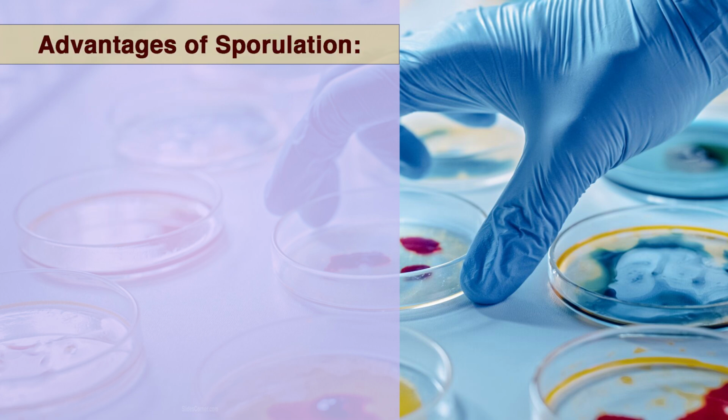Then what are the advantages of sporulation? First, survival in harsh conditions. Spores are highly resistant structures that can withstand extreme conditions such as heat, cold, desiccation and radiation. This allows the organism to survive in environments that would be lethal to their vegetative forms.